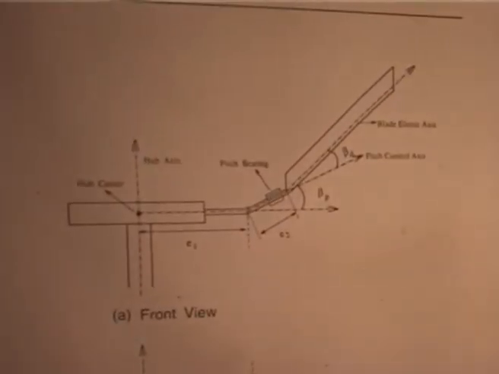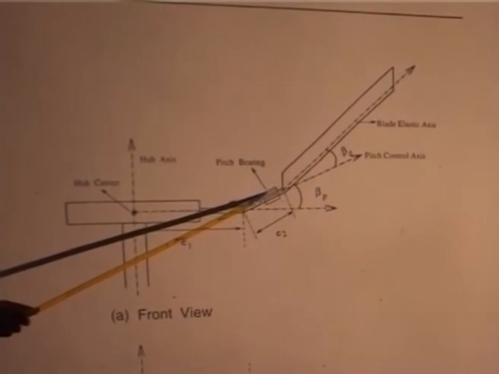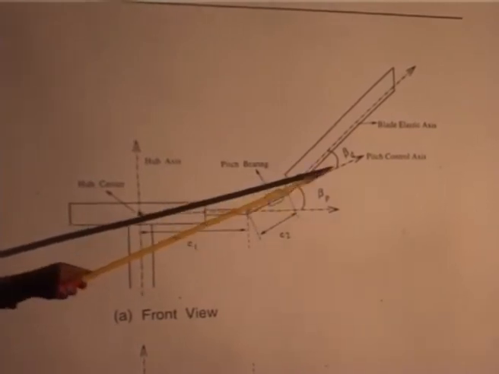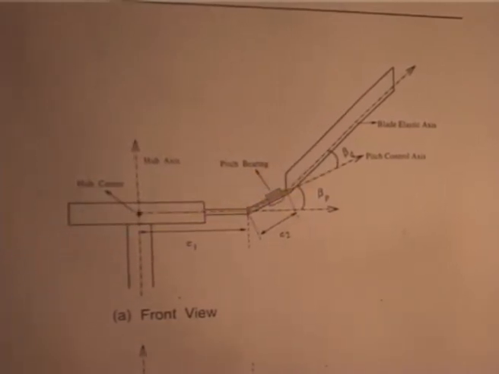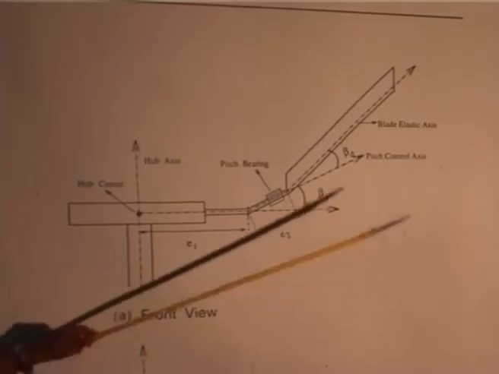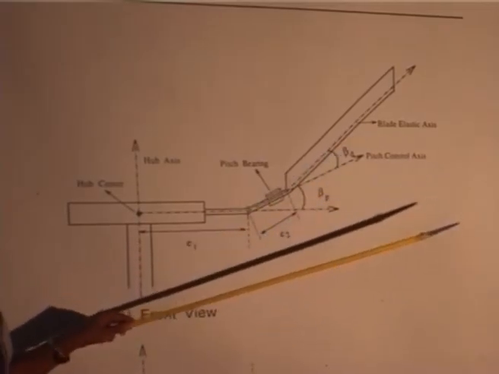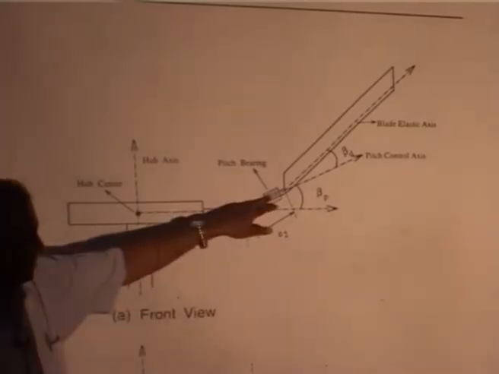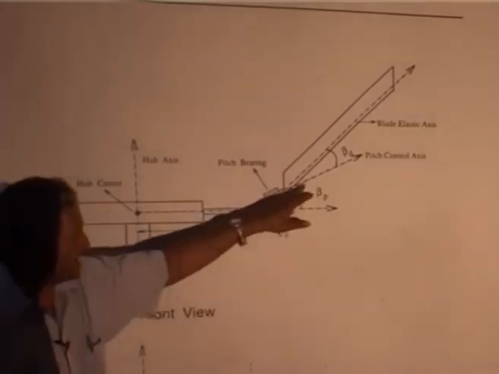Now the blade can be inclined with respect to the pitch bearing, then that is called pre-droop. Okay. So pre-cone, pre-droop, these are two terminologies. Why this difference is, you change the pitch angle by rotating the blade about this axis.